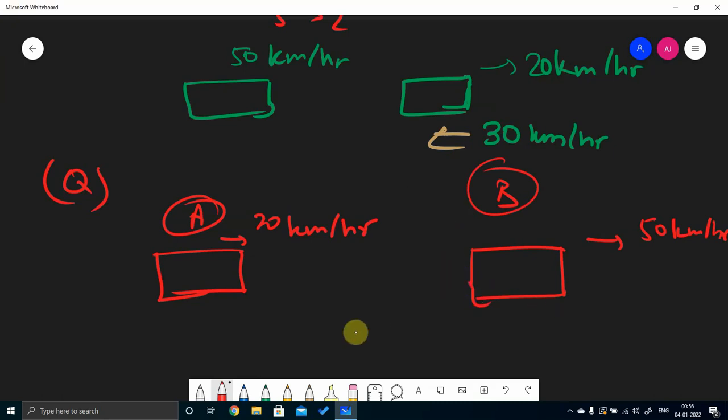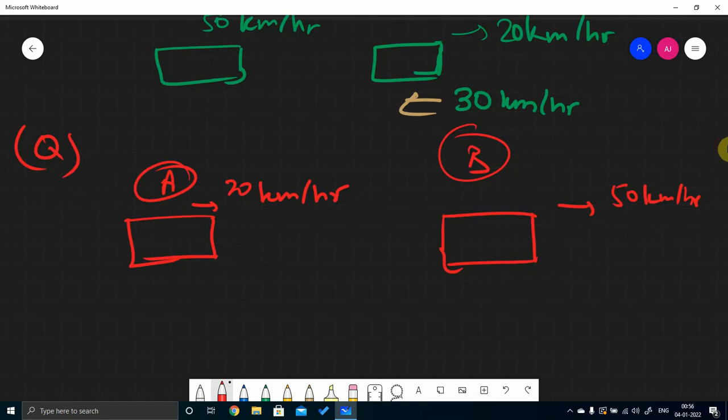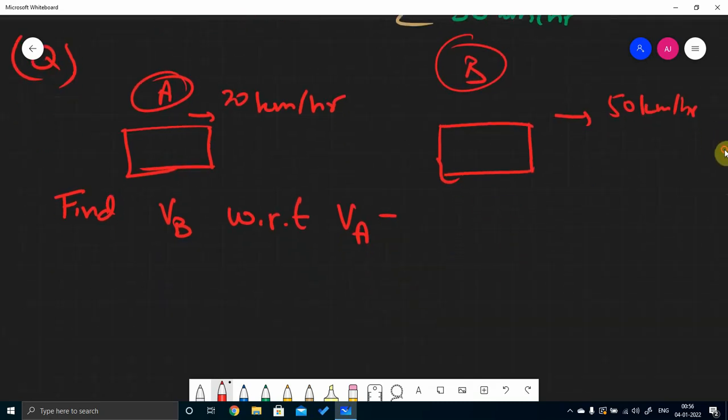Now I'm going to use the terms "with respect to" a lot. Let's say we have to find the velocity of B with respect to A. How do we do this?